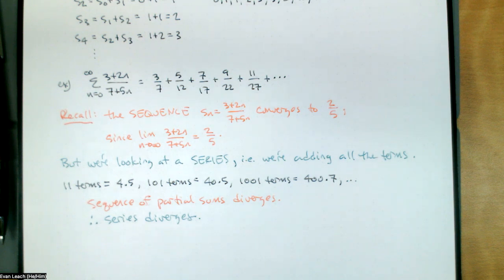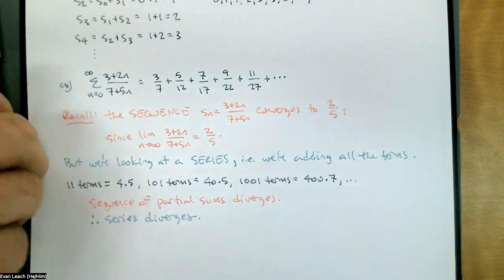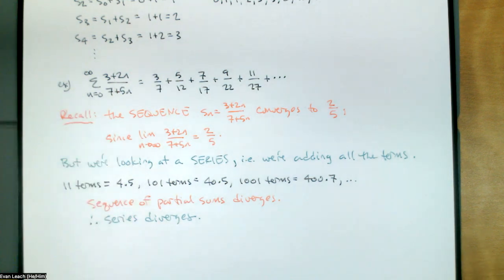Remember that we know the sequence converges to 2/5, because for large values of n, these terms are going to be arbitrarily close to 2/5. What this sequence looks like in the long run, at a certain point, the terms become arbitrarily close to 2/5.